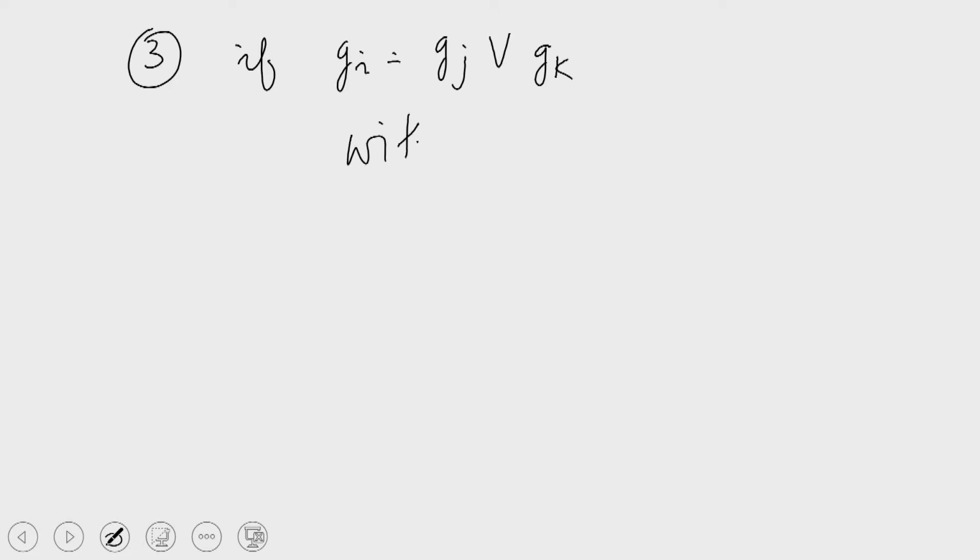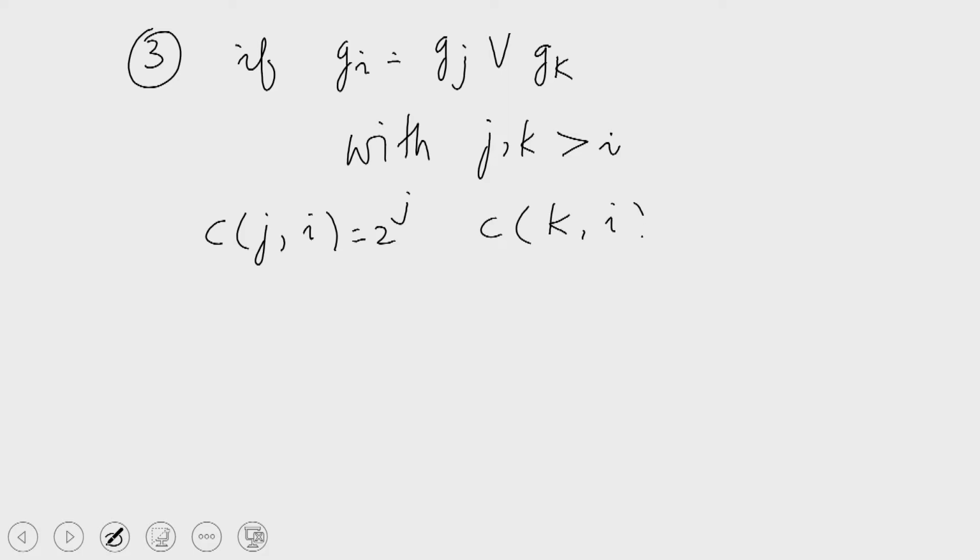Then for the OR gates, if G_i is an OR gate with j, k greater than i, then the capacities are defined like this. C_ji is 2 power j and C_ki is 2 power k.